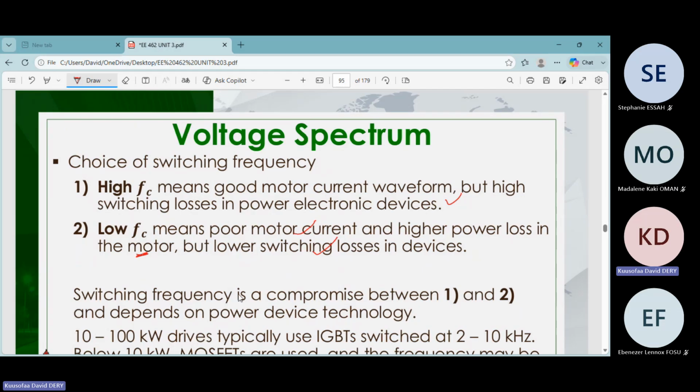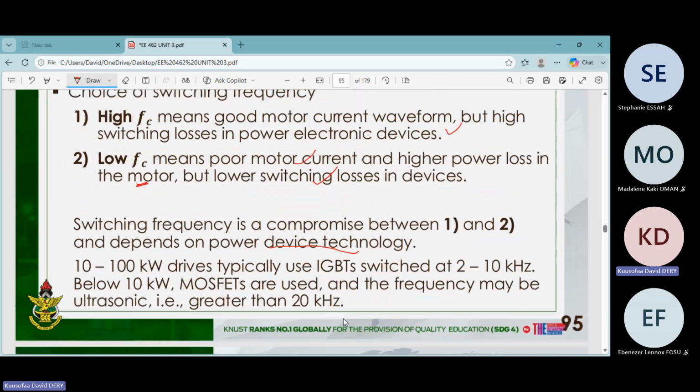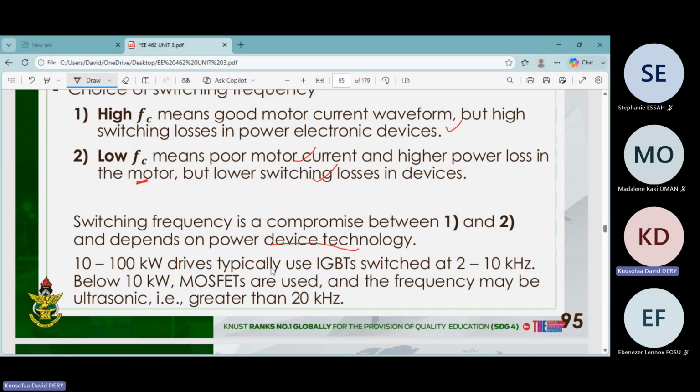So there is a compromise between the two, depending on the power device and application. If it is IGBT for 10 to 100 kilowatt drives, you switch them between 2 kilohertz and 10 kilohertz. When it's below 10 kilowatts, MOSFETs are used because of the amount of power they can handle.